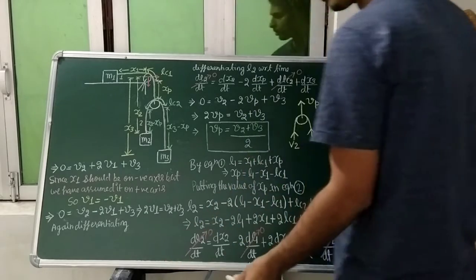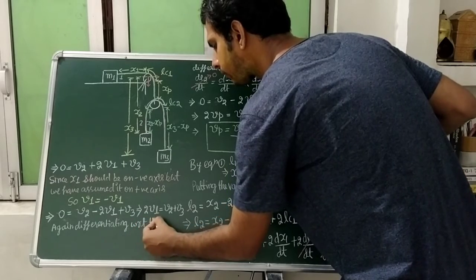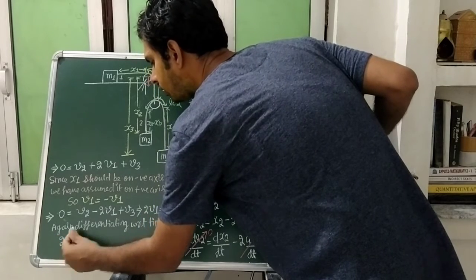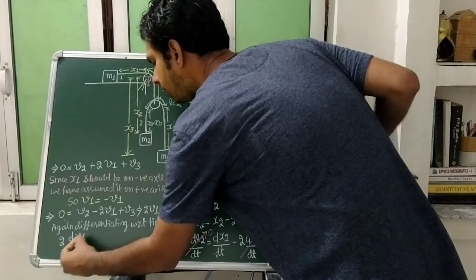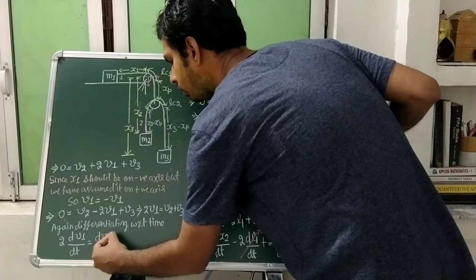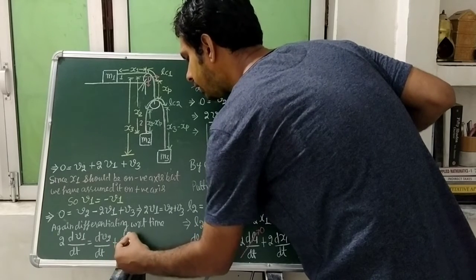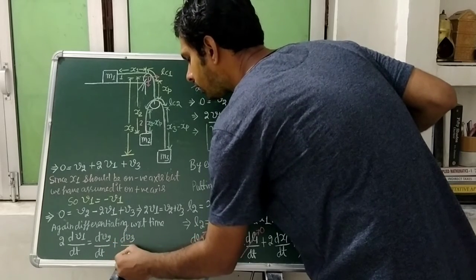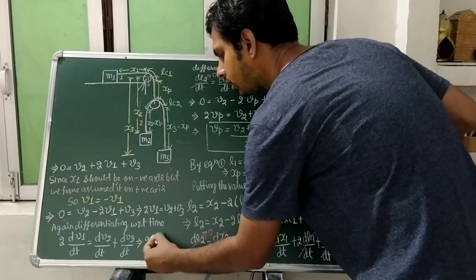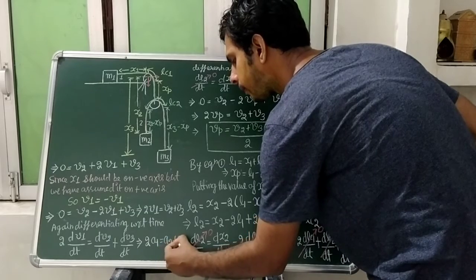Okay. So again differentiating with respect to time, what will we get, friends, is twice of dv1 upon dt, that should be equal to dv2 upon dt plus this dv3 upon dt. Meaning, students, that our twice of a1 should be equal to a2 plus a3.